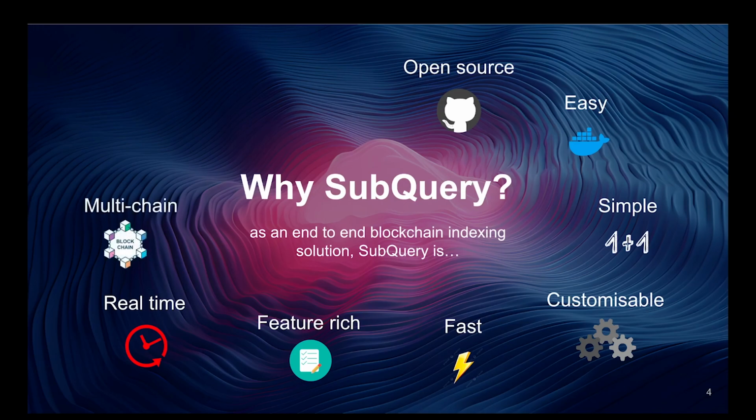And one of the main benefits actually is this multi-chain feature where when you create a project, you say, what blockchain do I want to grab the data from?